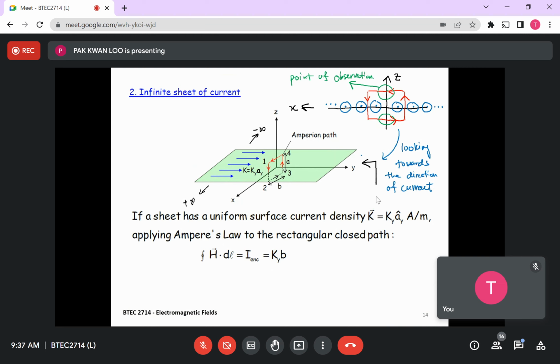If the point of observation enables us to assume that the surface is infinite, then we can use Ampere's law. So how do we choose the Amperean path? Again, if the point of observation is close to the surface, we can apply Ampere's law.